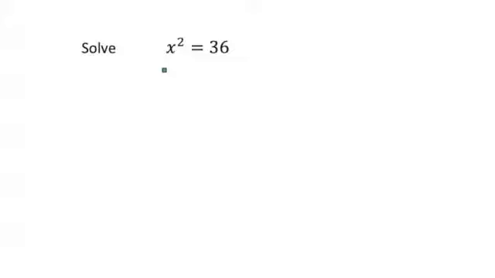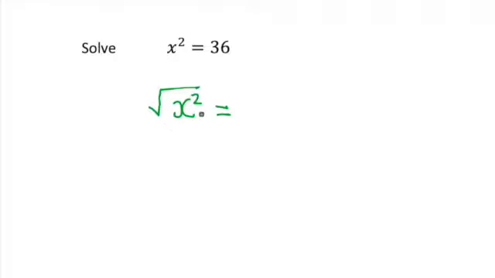To find the value of x, I need to do the inverse of squaring, and that is to square root. So x squared means x multiplied by x. I want to find x by itself, so I take the square root of x squared.